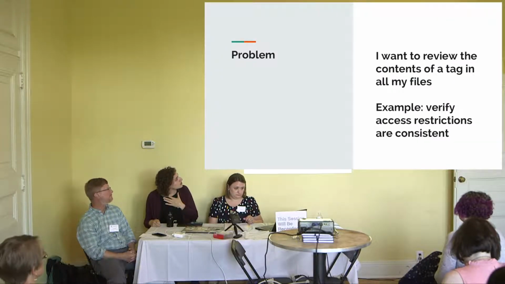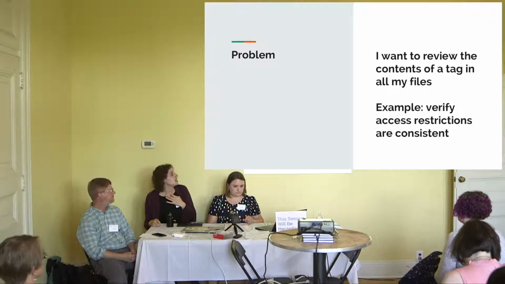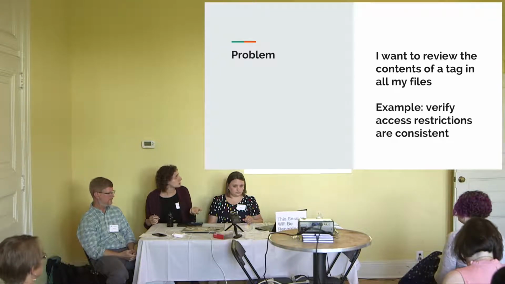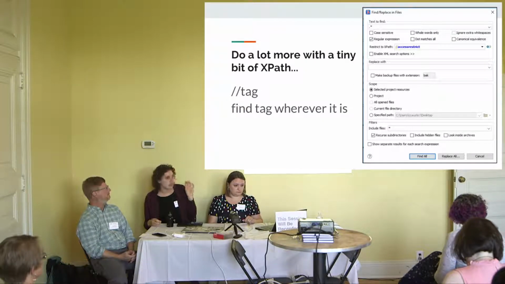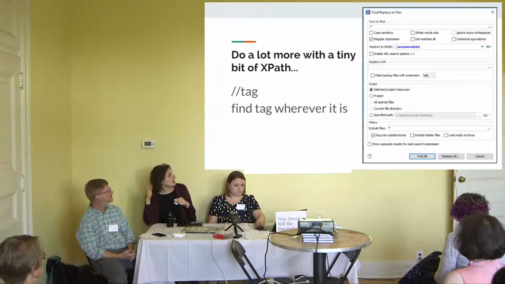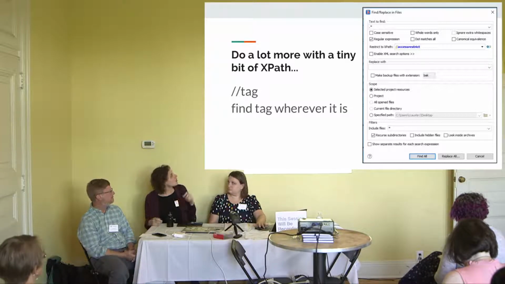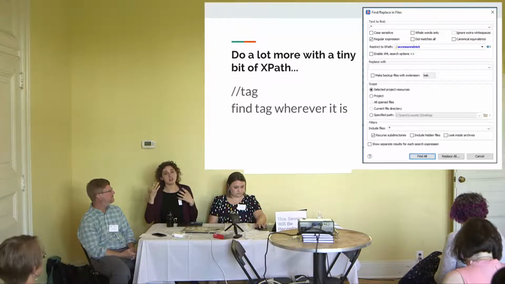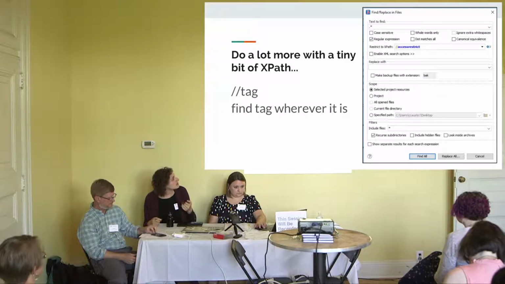Here's another example of a file. Say I want to review the contents of a tag everywhere it appears. So I wanted to look at my access restrictions in all of my finding aids and make sure that we were using something that was reasonably consistent. So here I'm using just a little bit of XPath knowledge. If I have // it'll show me a tag wherever it appears. So I'm looking for //accessrestrict, whether it's at the collection level, at the item level, at the series level, anywhere it is.